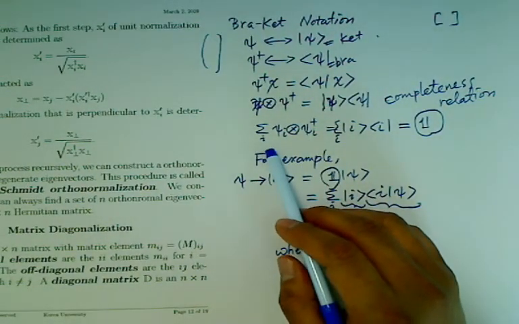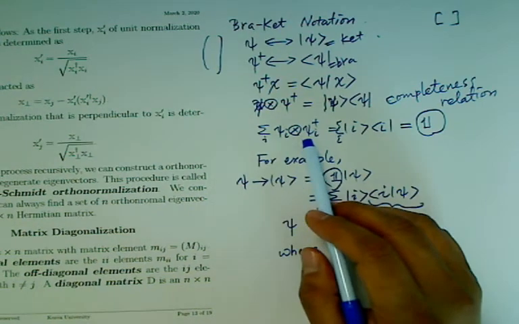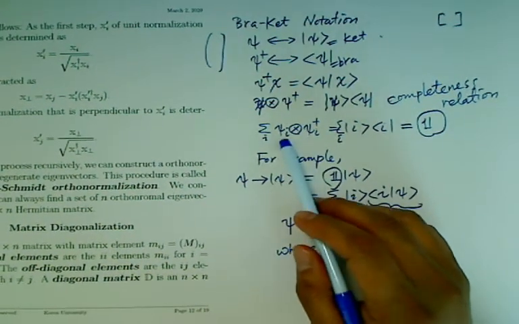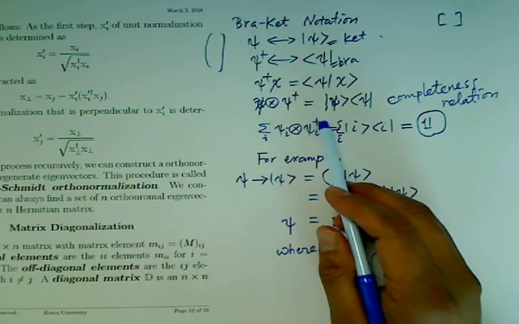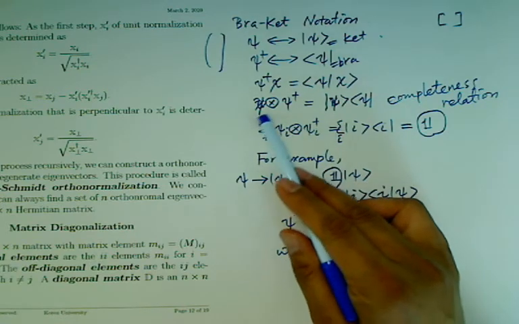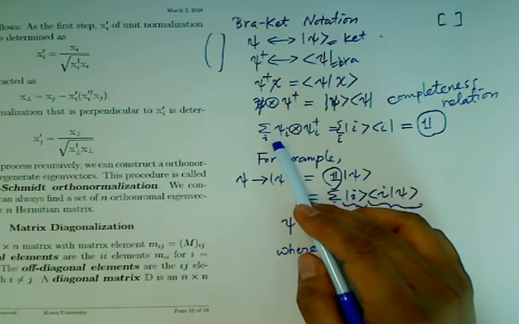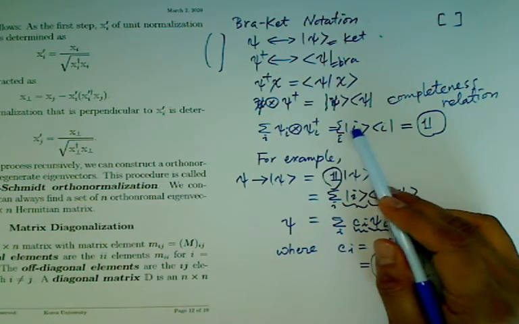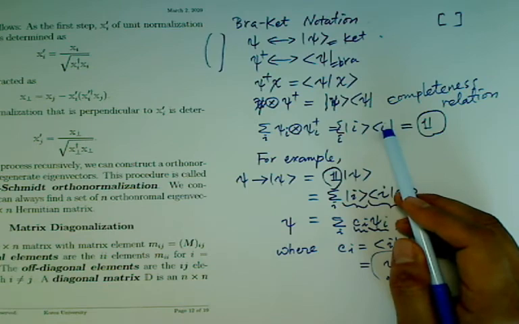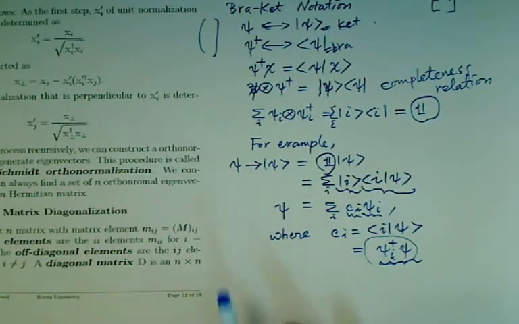The completeness relation can be written in this form. The direct product of psi I and psi I dagger, summed over all possible states, is expressed in terms of the bracket of the same quantum state summed over all I states.